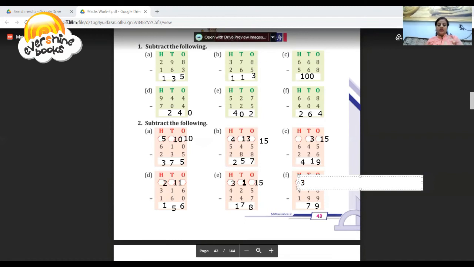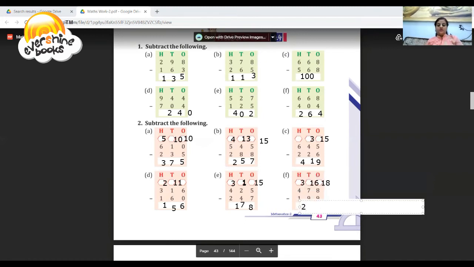That is 3. 3 minus 1 is 2. Answer will be 279. So students, we are doing very well the carryover sums and the sums that are borrowing.